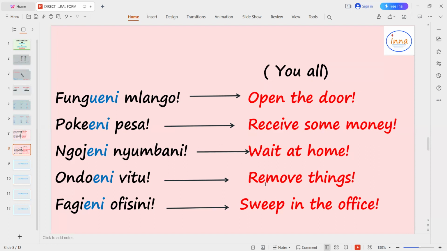Ondoeni vitu means remove things. And the last one for today, fagieni ofisini. Fagieni ofisini means sweep in the office. So all these are commands directed to the second person plural form in our personal pronouns.